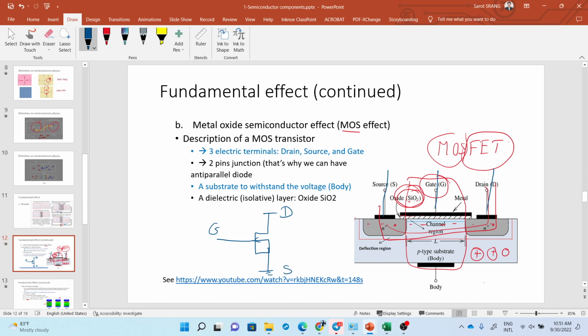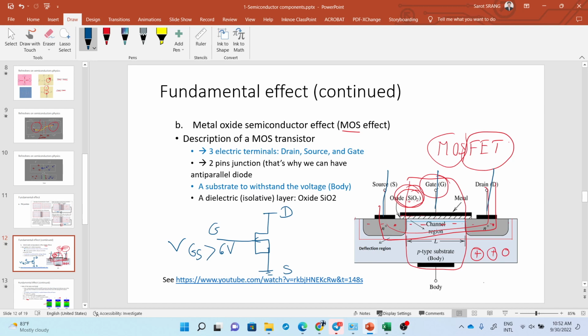For example, at least 6 volts, but for some particular MOSFET, because there are many types, many models actually. So let's say that for this MOSFET you need VGS to be larger than 6 volts in order to turn it on completely.